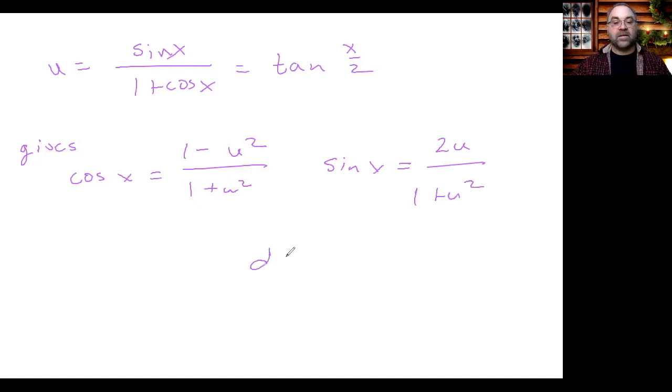And then dx turns out to be 2 du over 1 plus u squared. And a lot of times that substitution is what you need to help your integral fit one of the patterns from the appendix. So really important substitution when we have that rational function of sines and cosines.